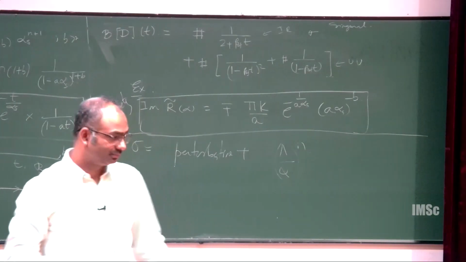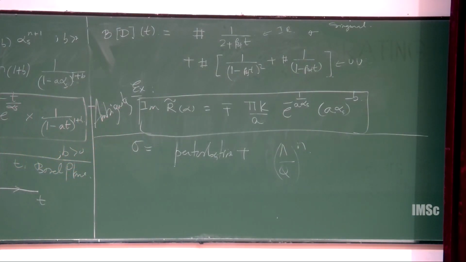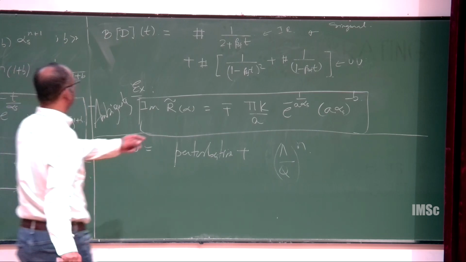No, if the UV pole is on the negative side and the IR pole on the positive side, and you do the contour integration, initially it was a double pole for UV, because there is 1 upon beta naught t to the power square, something like that. So before doing the contour integration, the IR will have only a single pole.